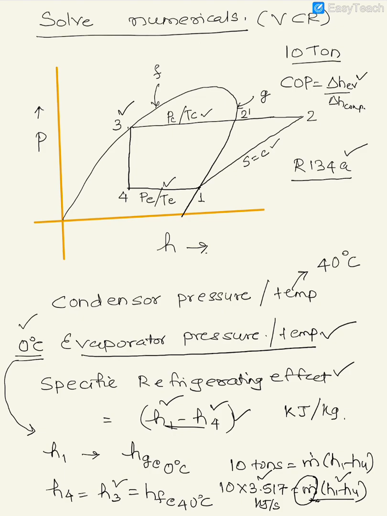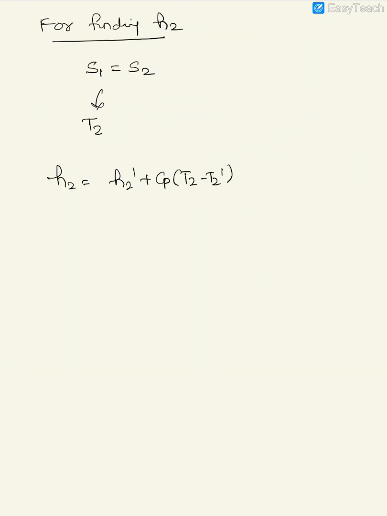For finding T2, S1 is Sg plus Cp ln T2 upon T2 dash. This expression has come from the entropy expression, and once you get this, you get T2. Finding H2 is a bit difficult, but you need to do some practice for that. Once you get T2, you can find the enthalpy value H2.